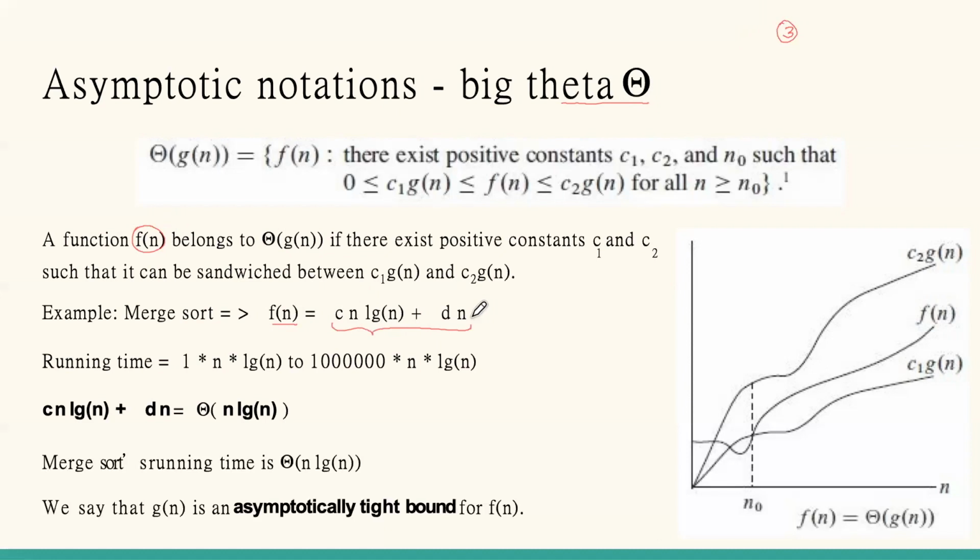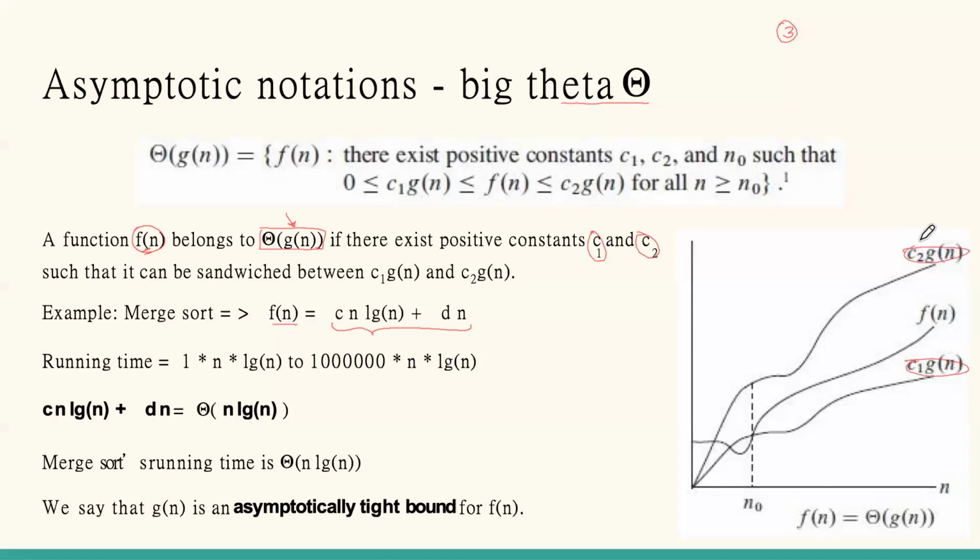We say that the function f(n) belongs to big theta of another function g(n), a shorter or more abbreviated running time, if there exist two constants, c1 and c2, such that our function f(n) can be sandwiched in between c1 g(n) and c2 g(n).